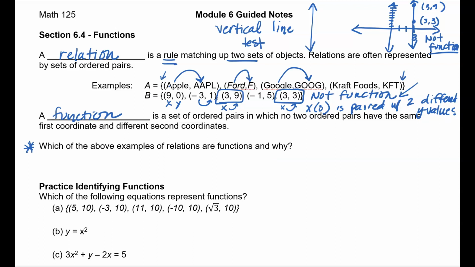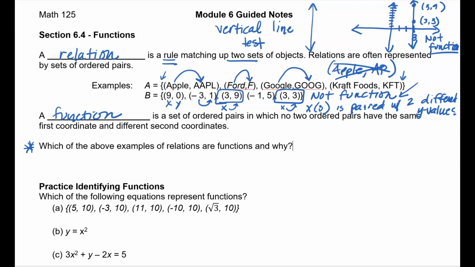Let's look at A. Again, we look at all the X values: Apple, Ford, Google, Kraft Foods. Are all of those X's going to one Y, meaning, is Apple only associated with one abbreviation? You don't see Apple in the list and then another abbreviation, like maybe AP or something. That would make it not a function.